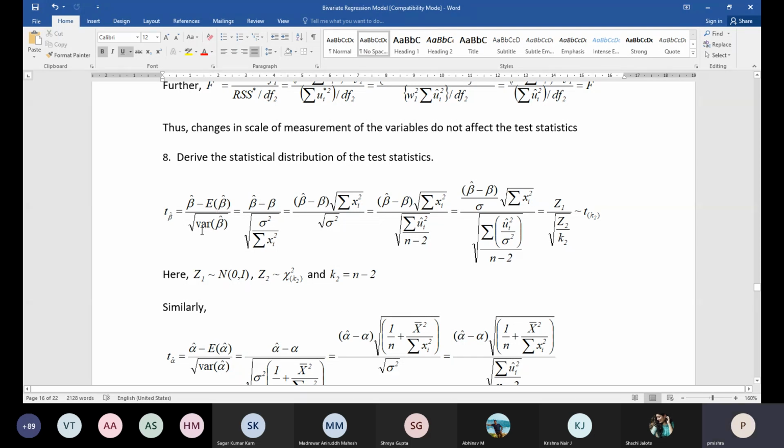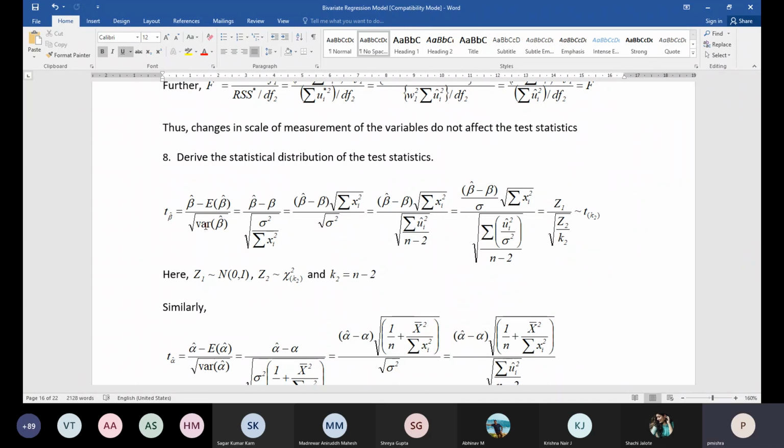But because we don't know sigma square, we use an estimator of sigma square, that is summation of u hat i square by n minus 2. And when we use this estimator, this standard deviation, the square root of variance of beta hat, now becomes the standard error.